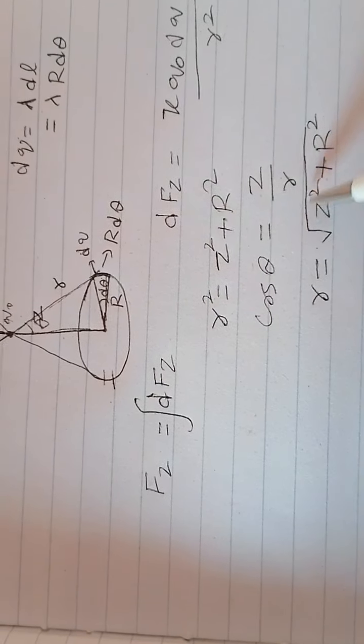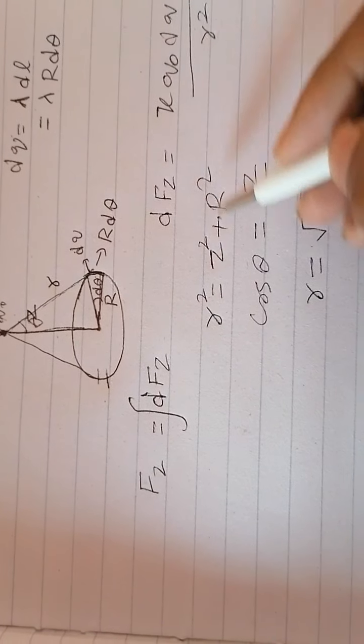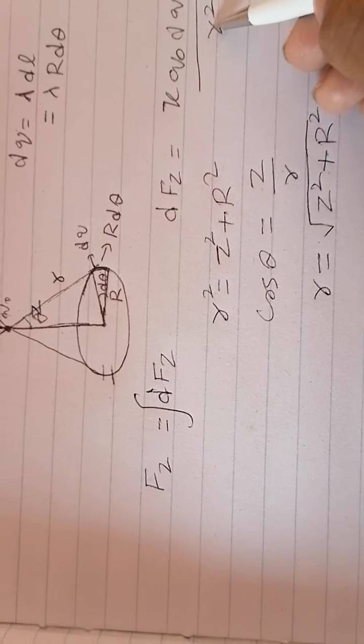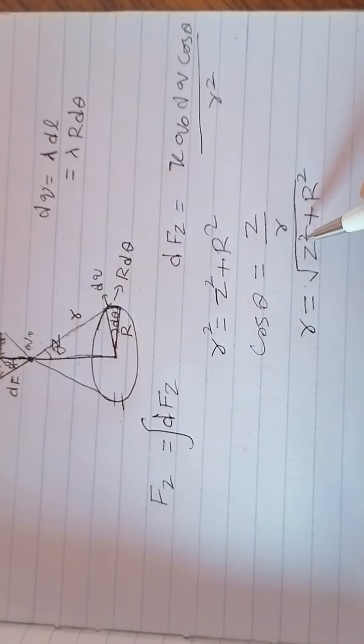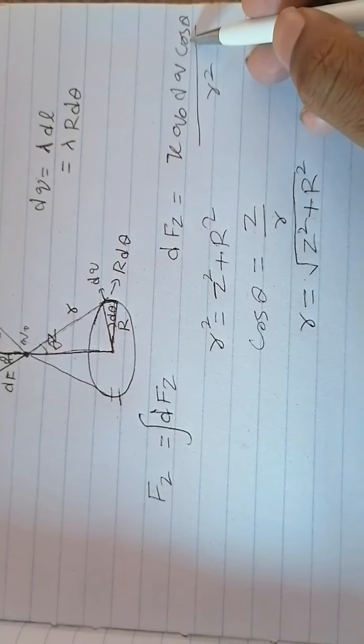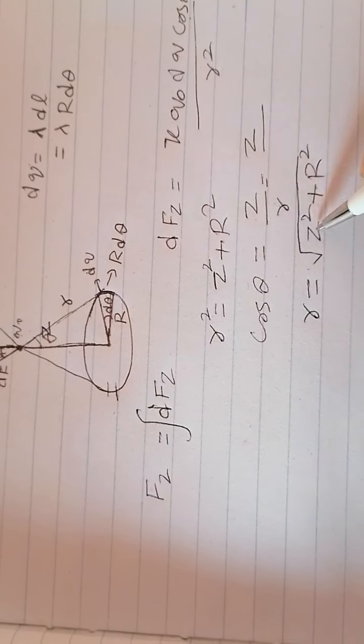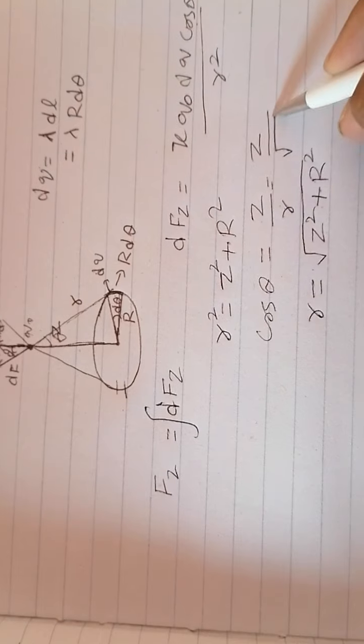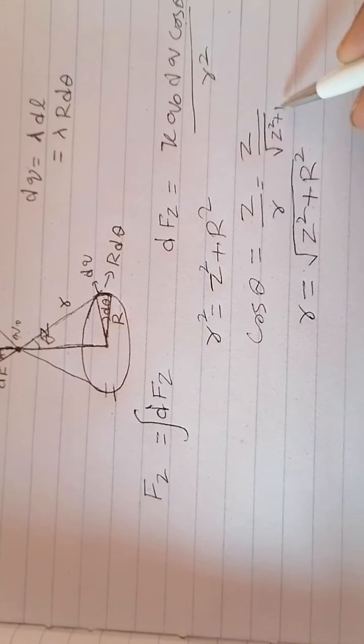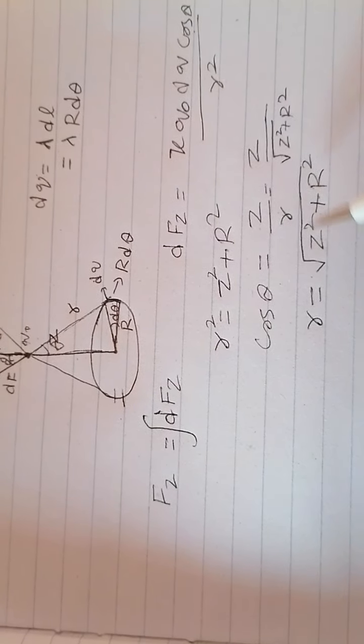Now we put all these values in this formula: the r square value and the cosine theta value, which can be written as z over under root z square plus r square.